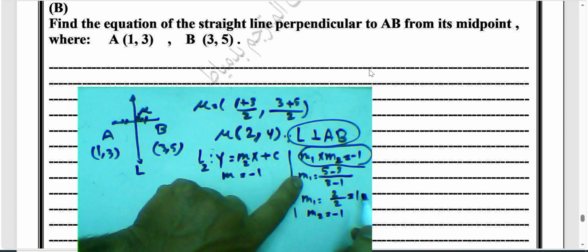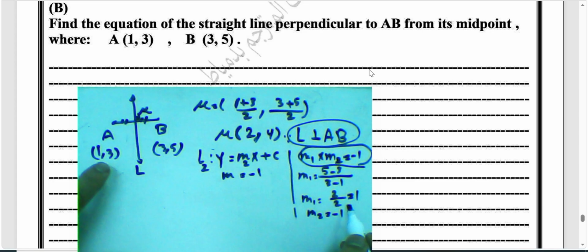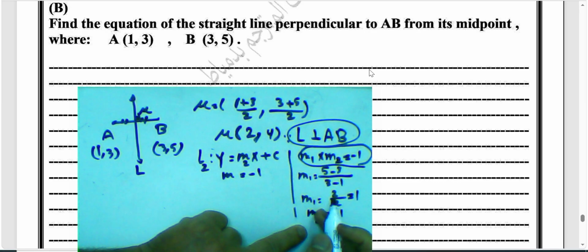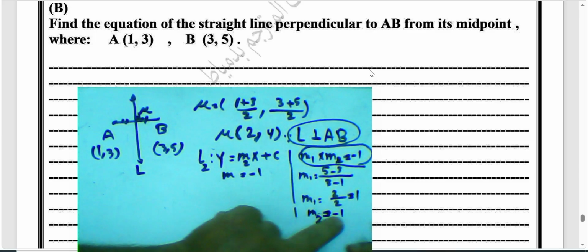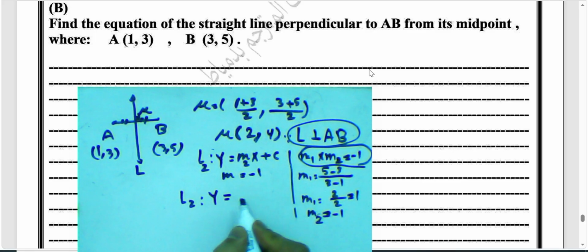We found slope 1 equal to 1: 5 minus 3 over 3 minus 1, the result is 2 over 2, which equals 1. Then slope 2 is negative 1: write the reciprocal of 1 and change the sign, it will be negative 1. Then the straight line L2 is y equals negative x plus a constant.